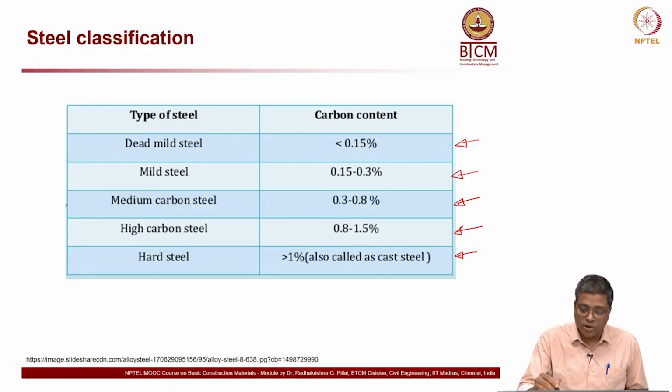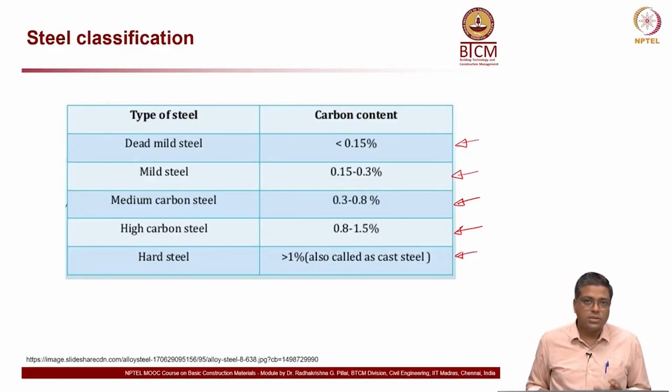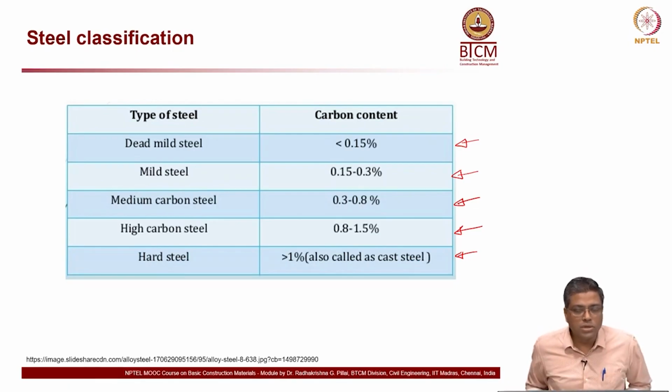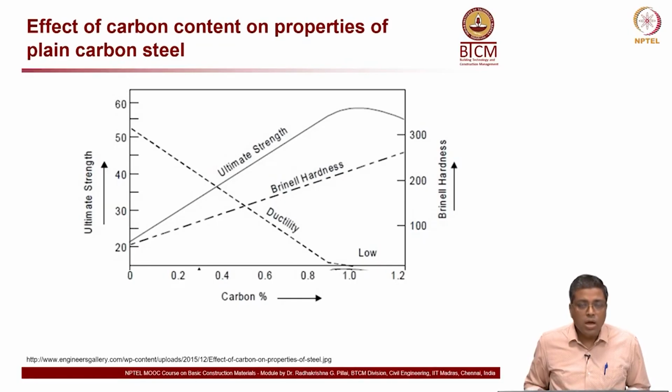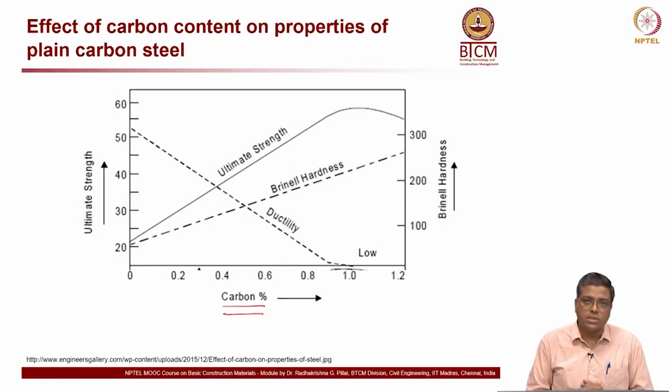So, you can see the different percentages and how they are different. Cast iron comes at like 3 to 4 percentage, which is higher than this, but that is cast iron, and we are not mixing that in here. Here we are talking about steel, where the percentage is more or less than 1%, which is what we typically talk about.